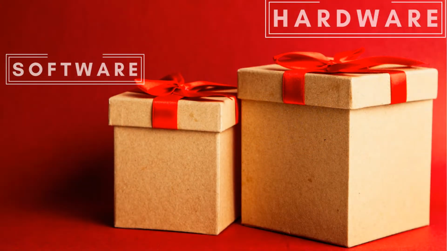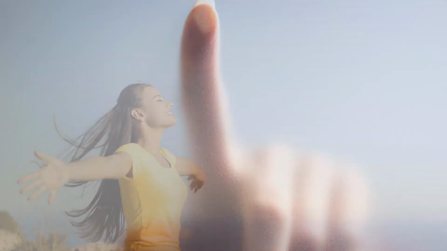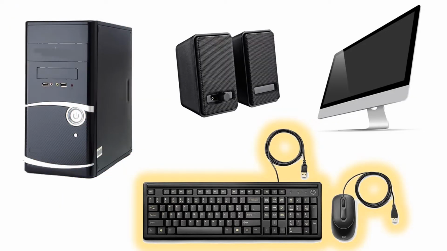A computer is mainly made up of two components. Screen and a box? No, hardware and software. Okay, but what are these? A computer hardware is something that we can see, touch and feel. Okay, does it mean that all the physical parts of a computer we can see, like cabinet, keyboard, mouse, speaker, etc. are hardware?